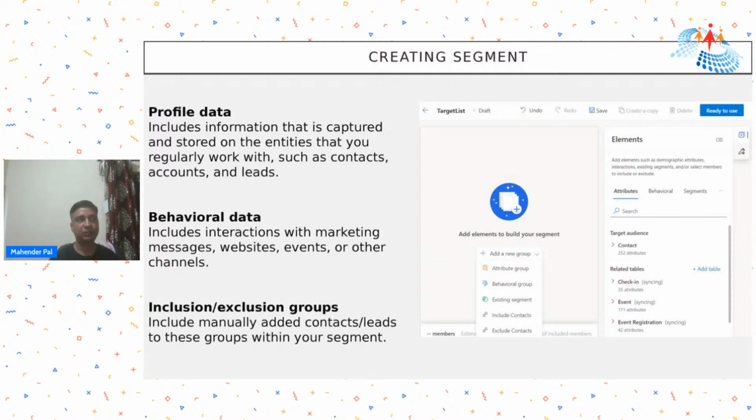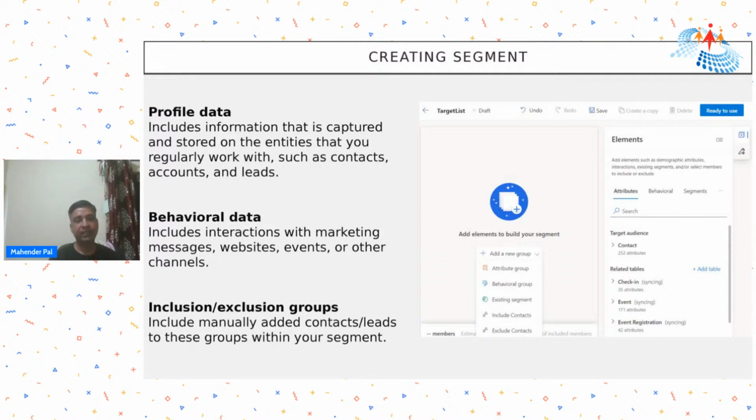For example, if we have posted something on Facebook and somebody is responding by adding a comment, from there also we can capture that audience and include them in the segment, right?